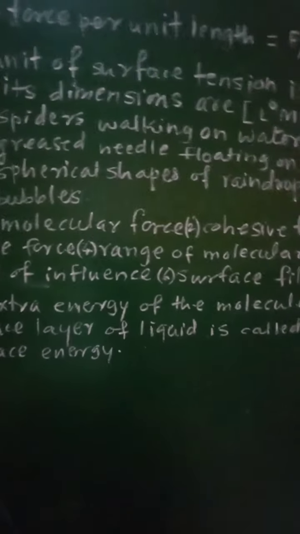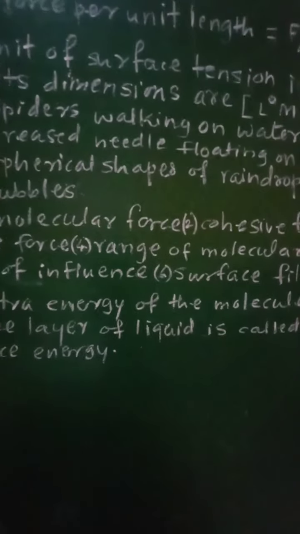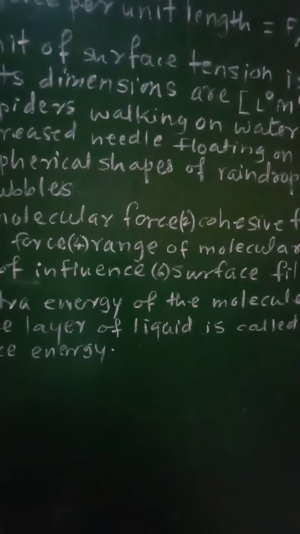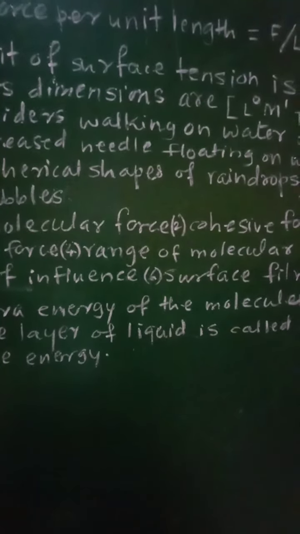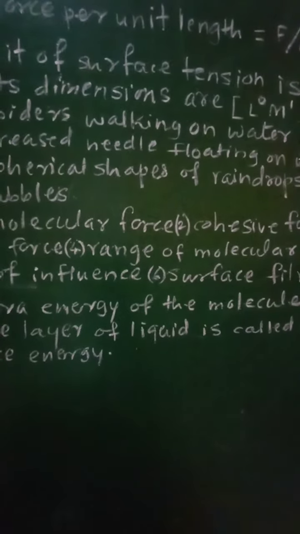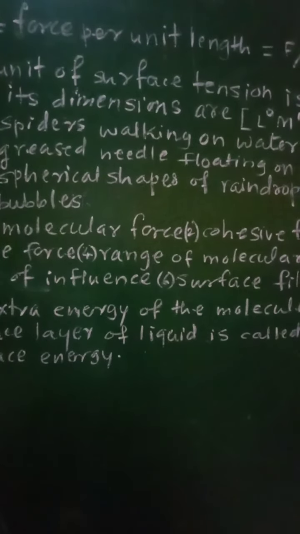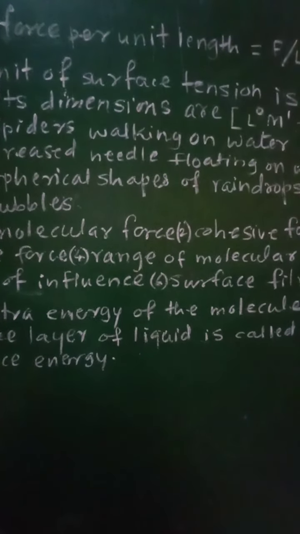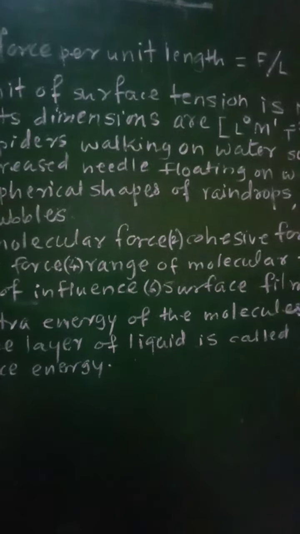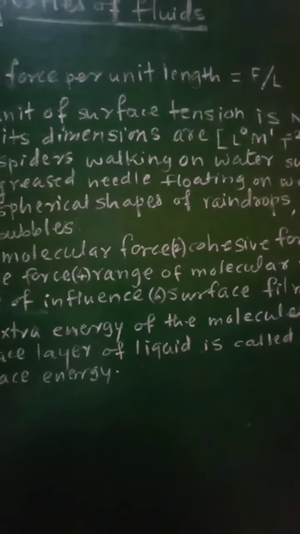To minimize the potential energy, the number of molecules present on the free surface of the liquid must decrease. As the number of molecules on the free surface decreases, automatically the surface area of that film will decrease, and therefore energy has to be spent in order to increase the surface area of the liquid.